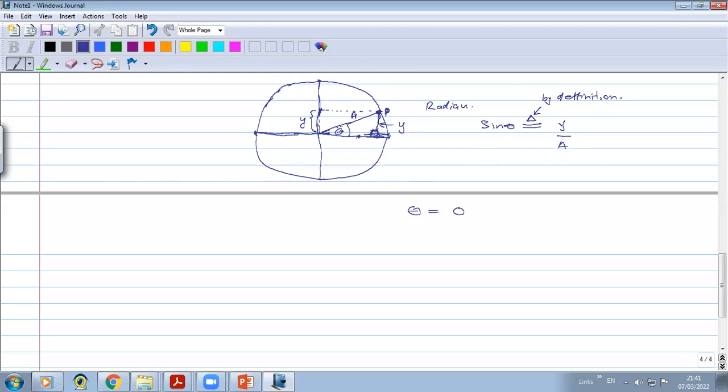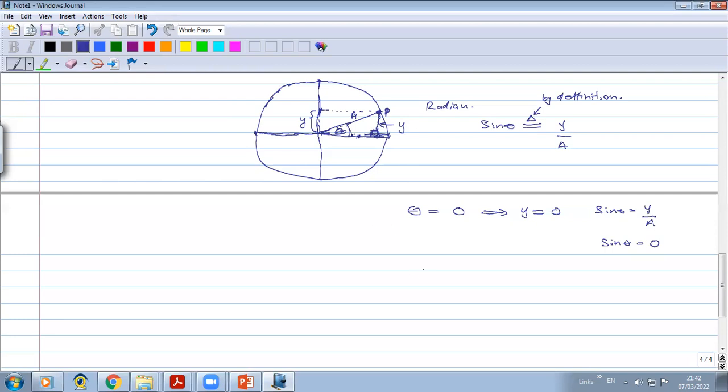If theta is equal to 0, this point comes exactly onto the diameter, so y will be 0. Then sine theta is equal to y by a, and since y is 0, sine theta is also 0.